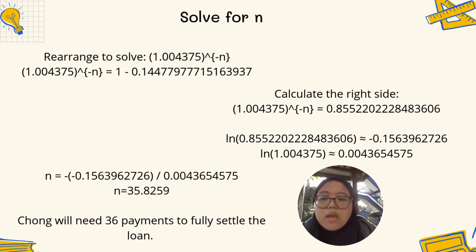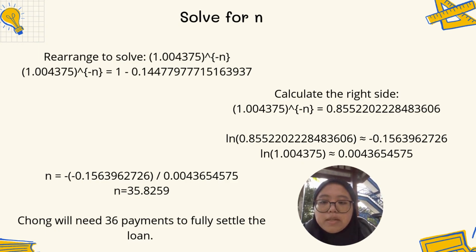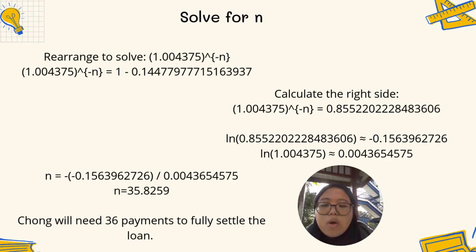If we conclude it, Chong will need 36 payments to fully settle the loan, because the answer of n that we got just now, we have to round up and make it 36.